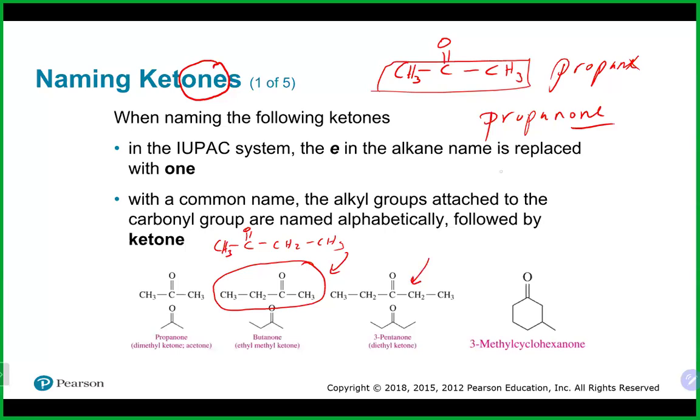And if we look at it here, that is 1, 2, 3, 4, 5. And the location here, 1, 2, and 3. So that is 3 pentanone. Now, you may be wondering, why do I need 3 pentanone?